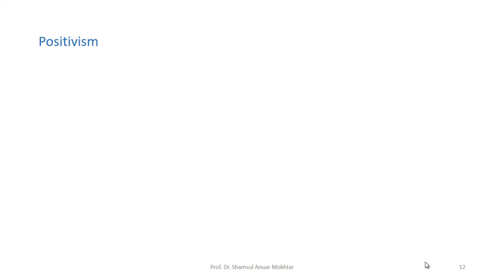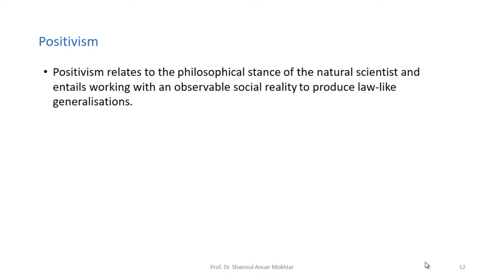Let us go to the first one. This is positivism. Positivism relates to the philosophical stance of the natural scientists and entails working with an observable social reality to produce law-like generalizations.